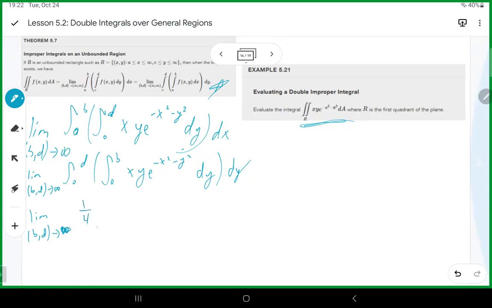So 1/4, oh no, 1 minus e to the negative B squared. We're subbing in 1 minus e to the negative D squared. And that's going to be 1/4.